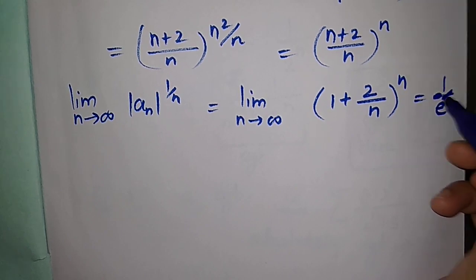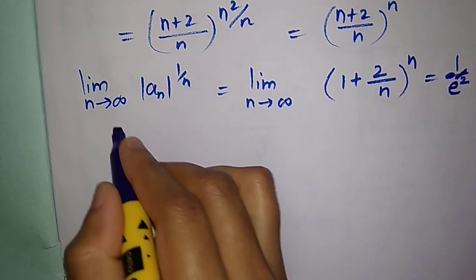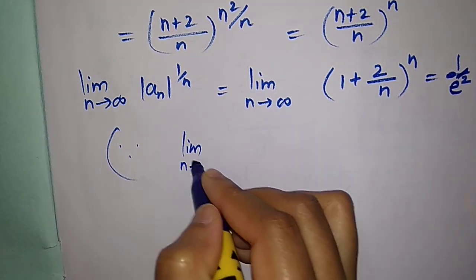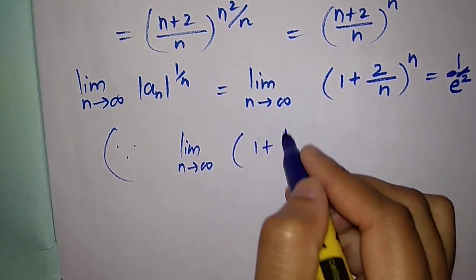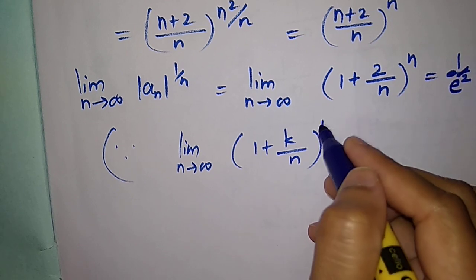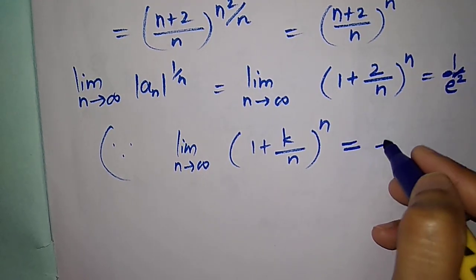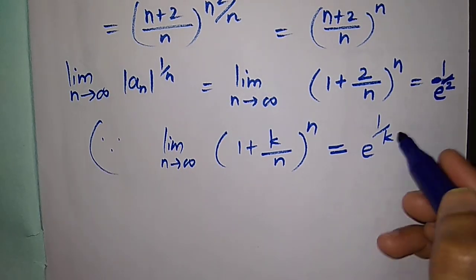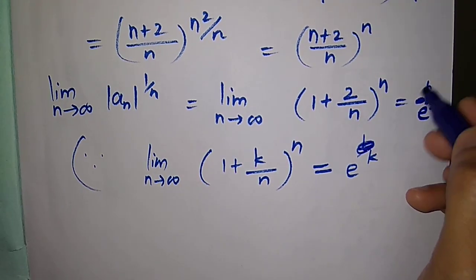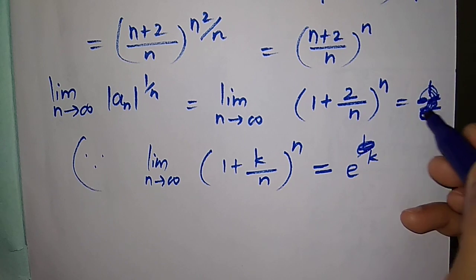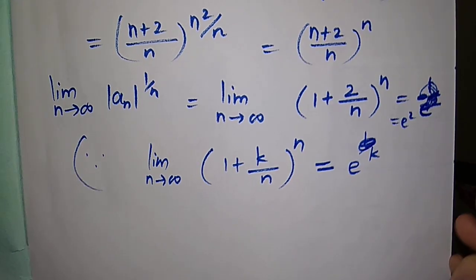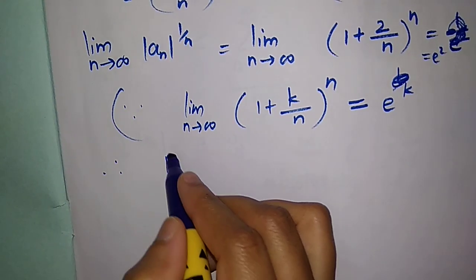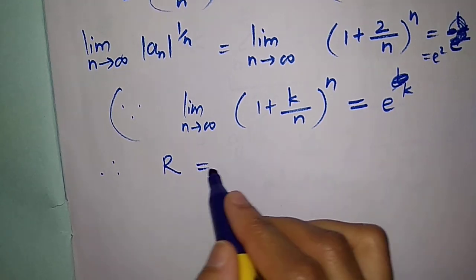Since limit as n tends to infinity of 1 plus k by n raised to n is equal to e raised to k, and here k is 2, so it is e square, and therefore the radius of convergence r is equal to 1 by e square.